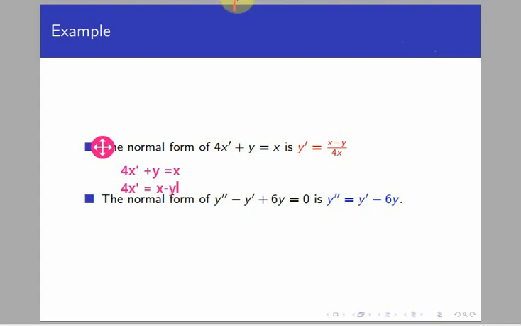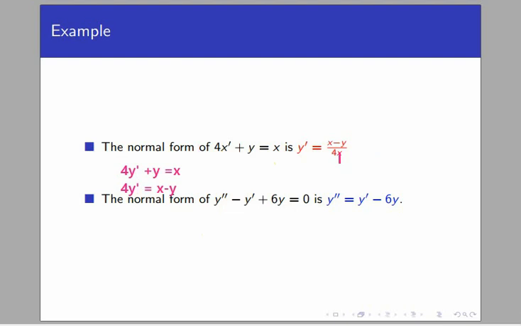So dividing both sides by 4x, we obtain y prime equals x minus y over 4x.